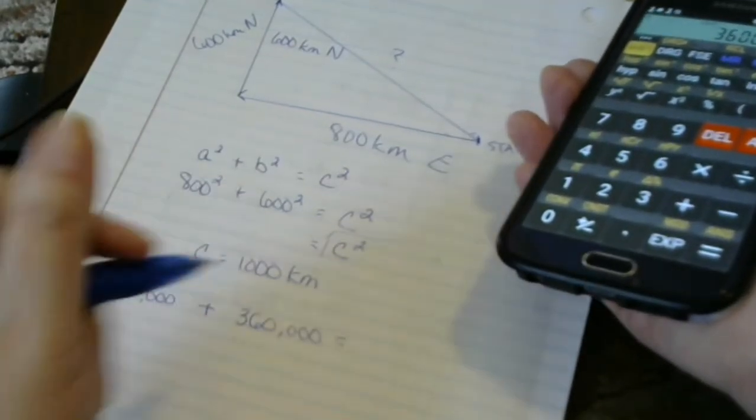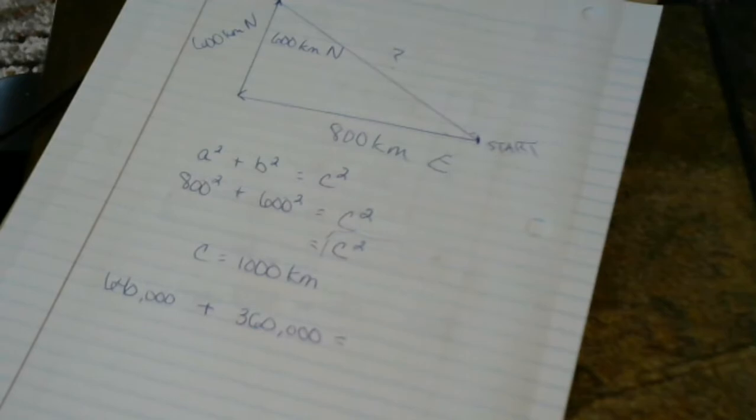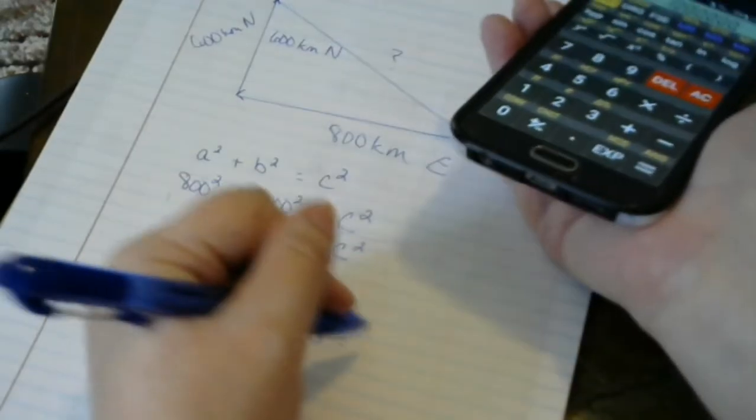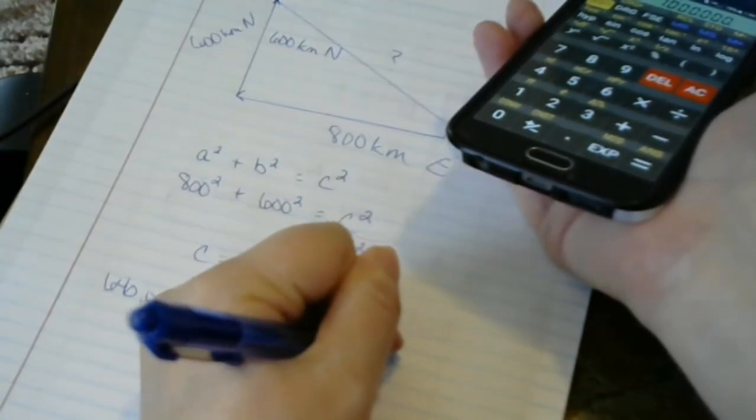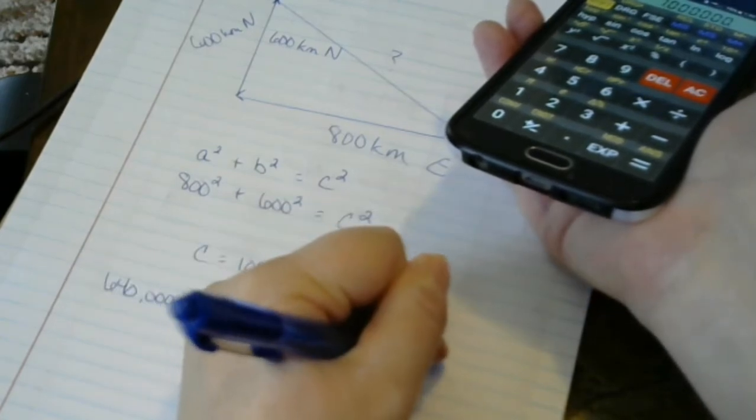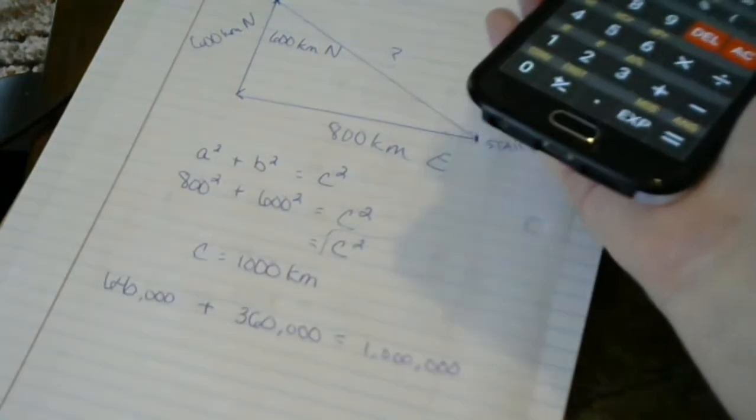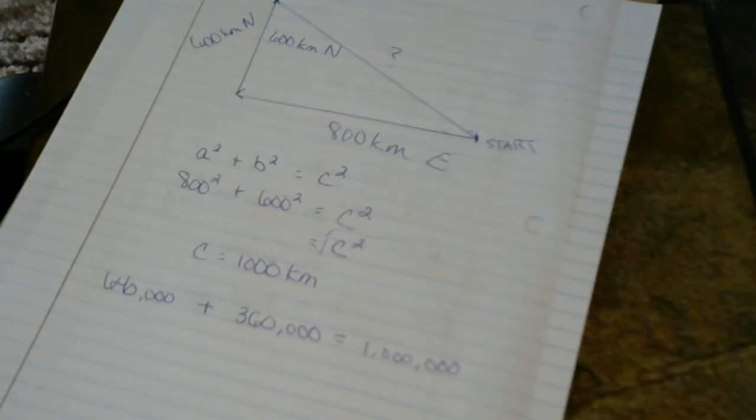Okay, so that's going to be equal to 1,000,000. Okay, that is c squared.